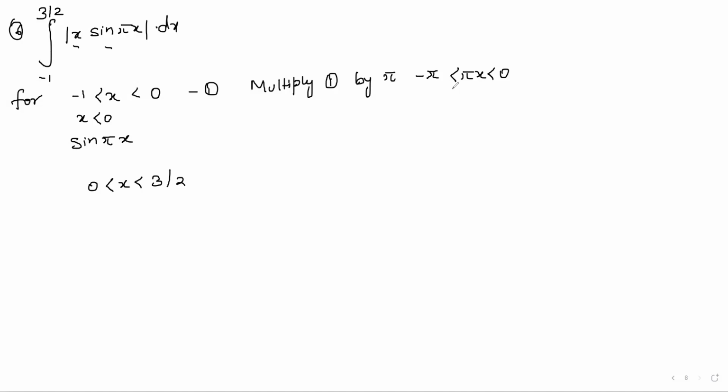Okay, now this interval is from -pi to 0. Can you tell me what the sine will be? If you have a doubt, put any value, for example sin of -pi means sin of -180, or sin -30. Is the answer negative or positive? Negative. So to check, take any angle and it gives us a hint. So x is less than 0 and sin pi x is less than 0.